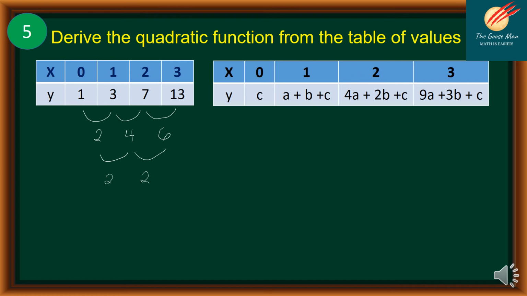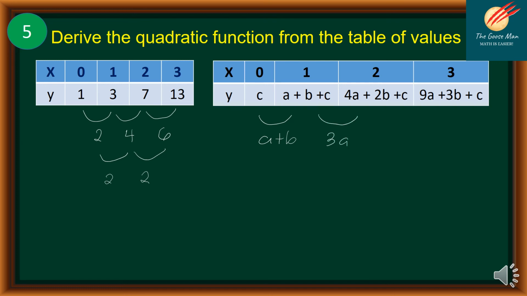Now, we will do the same on this derived table. So we have a plus b plus c minus c, so we come up with the difference of a plus b. Next, let's subtract: 4a minus a will give us 3a.